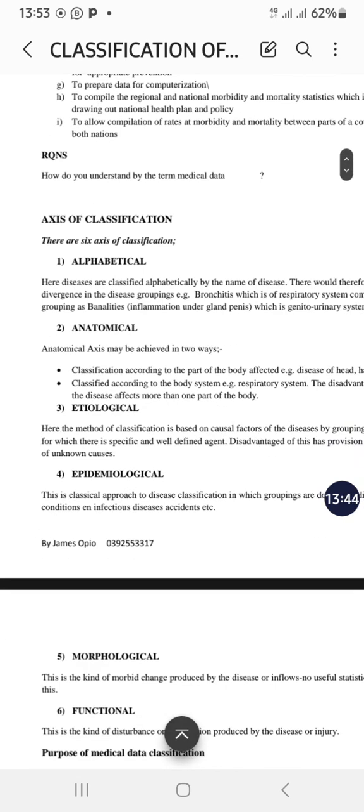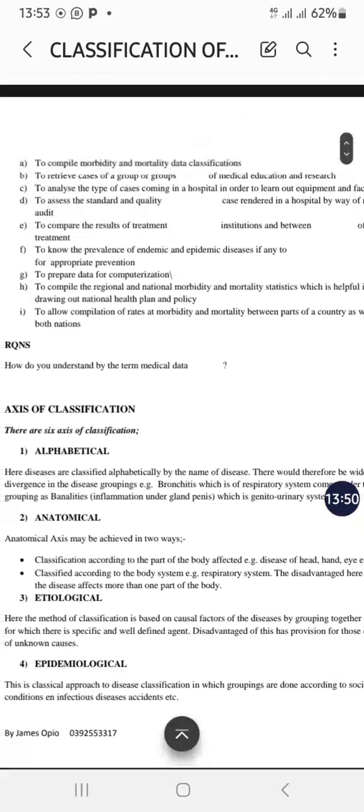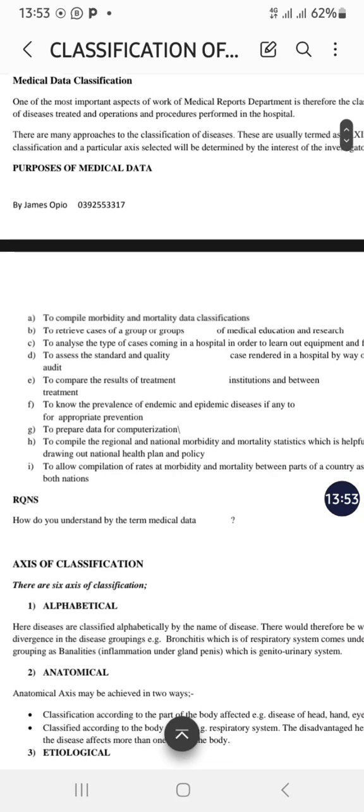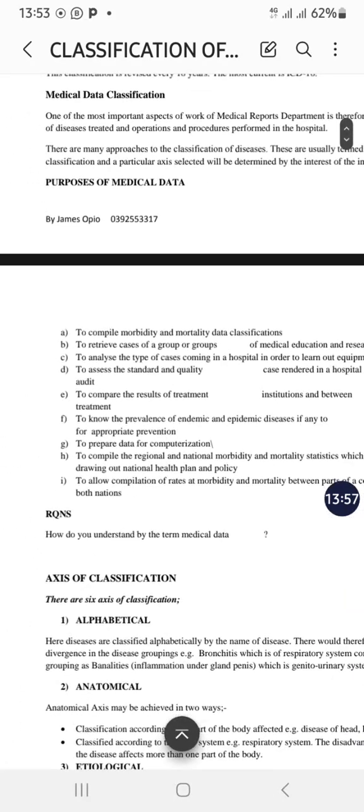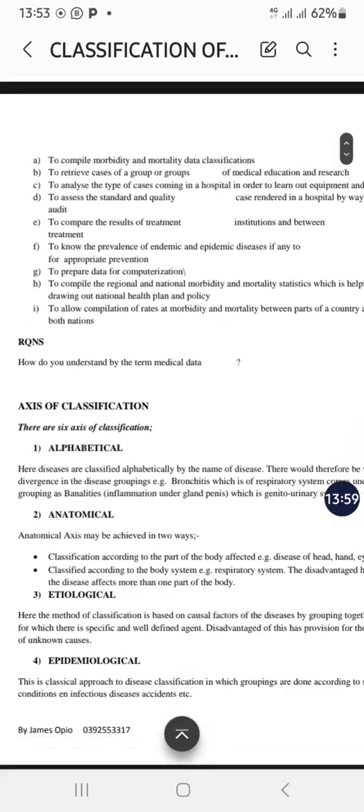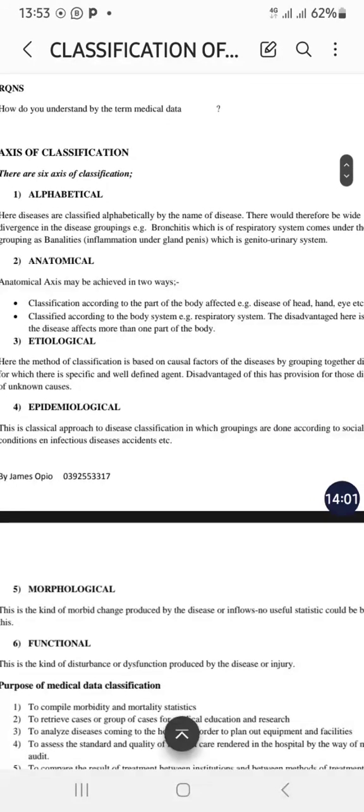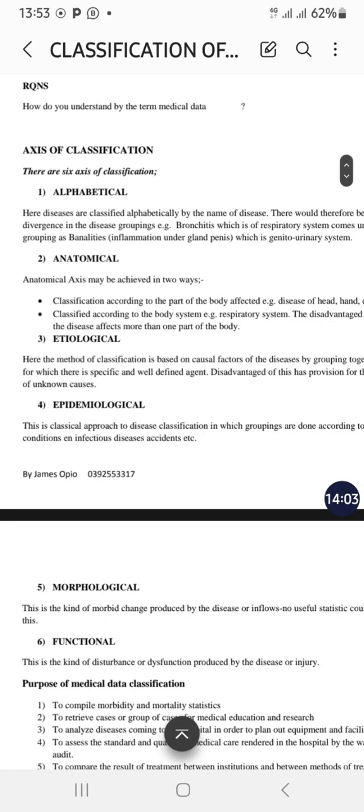Okay, so what I want to explain here is the medical data classifications. It is obvious that the major responsibility of the medical record department is the classification of diseases. As a result, the approaches that can be used in the classification of diseases refer to what we are calling axes.